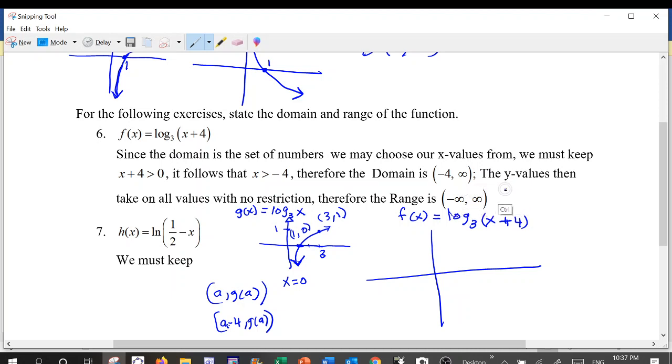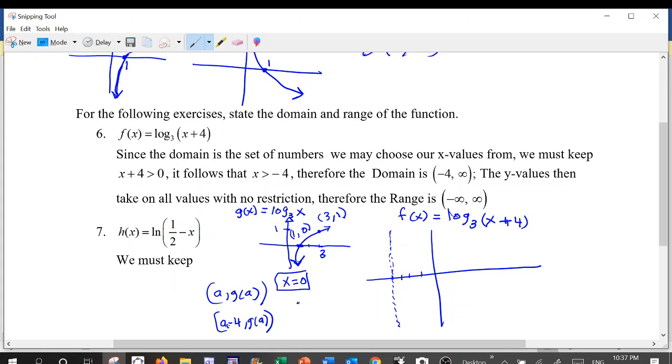When you add 4 here, with the points you actually subtract 4. All right, so where does x equals 0 go? Well, x equals 0 has to be 0 minus 4, so it goes to x equals negative 4. So x equals negative 4 is over here. So that would be the vertical asymptote of this graph.